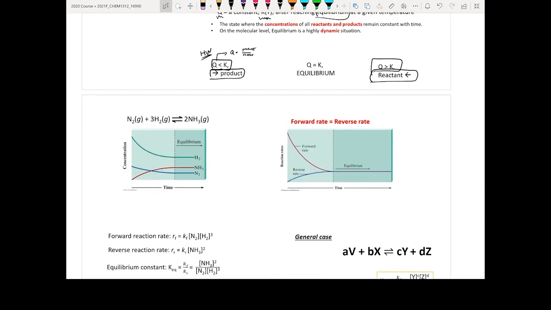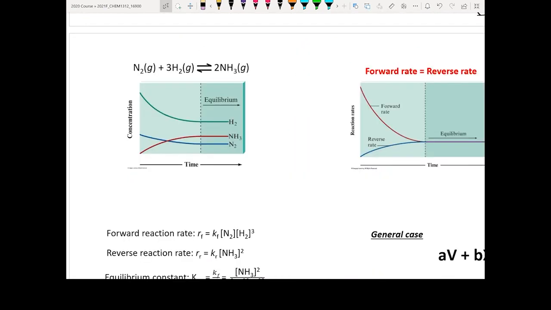So how do we get the Q or how do we get the K? We're going to use this one as an example. This is a reaction where hydrogen interacts with nitrogen to form ammonia. So N2 plus 3H2 produces 2NH3. When the system reaches equilibrium, we write this double arrow to represent that the system has reached equilibrium.